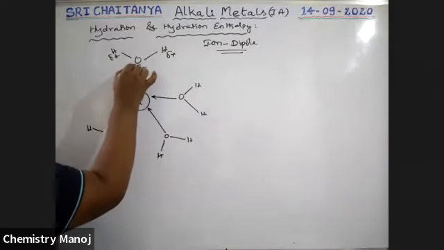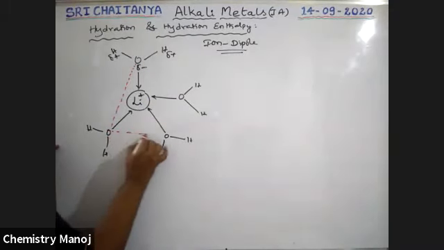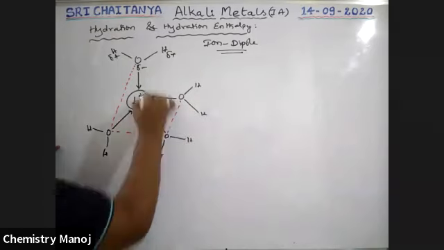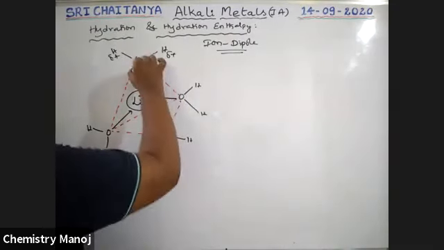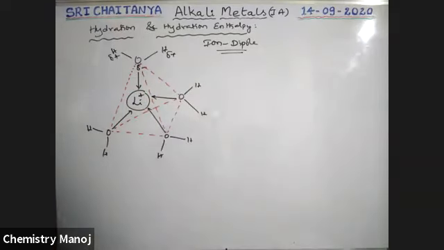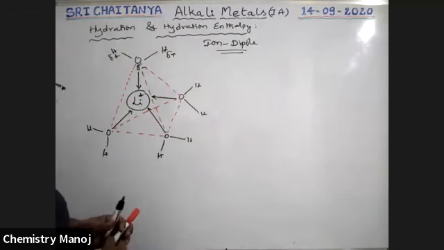Joining these oxygen atoms, they arrange themselves around the metal ion in the form of a tetrahedron. That means 4 water molecules are tetrahedrally arranged around this lithium.